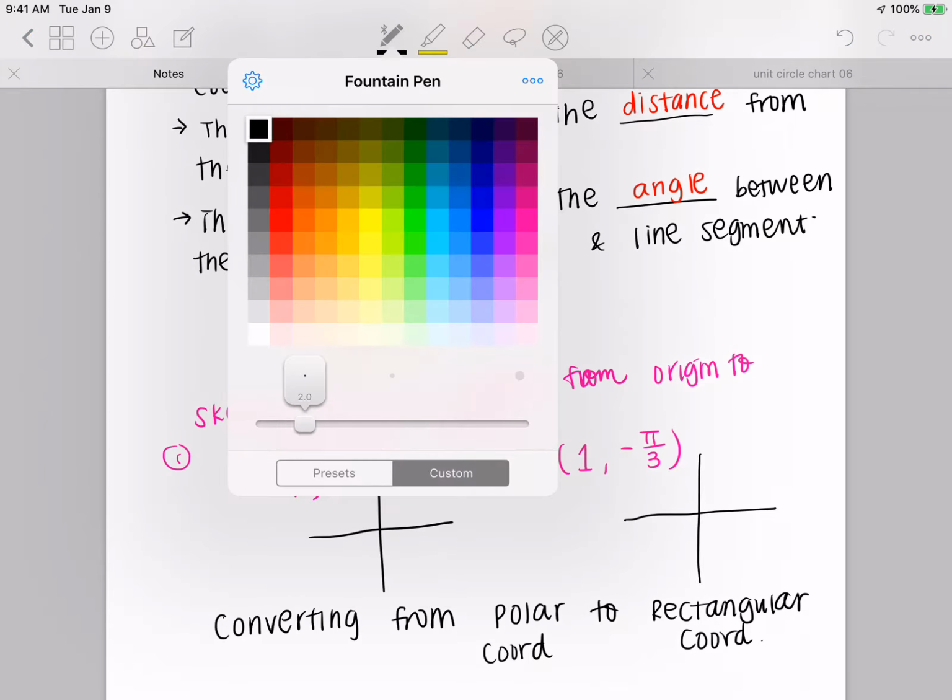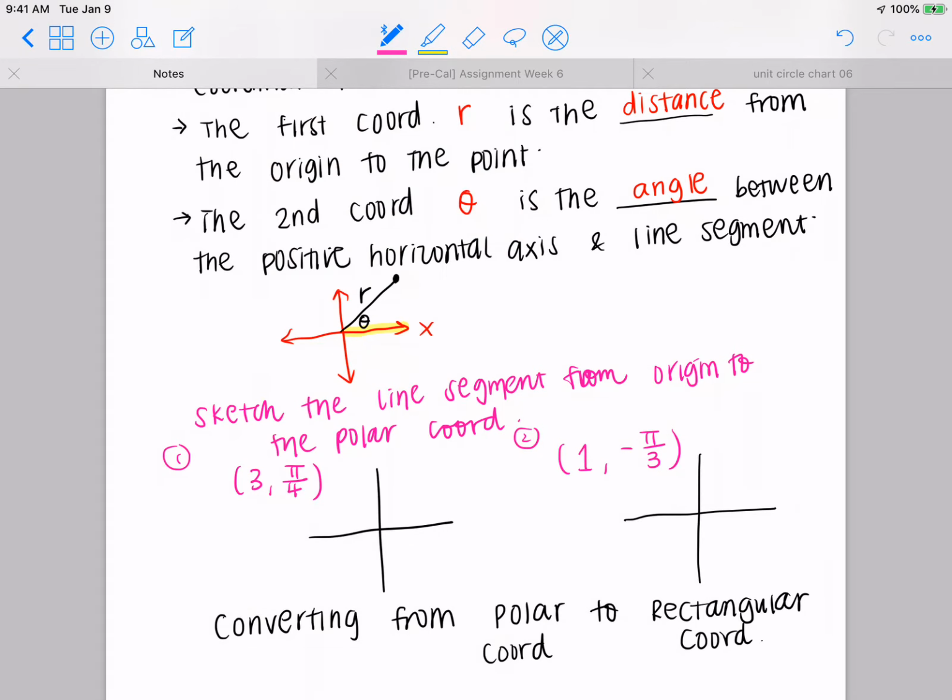And then we first look at the angle. The angle is asking us pi over 4.